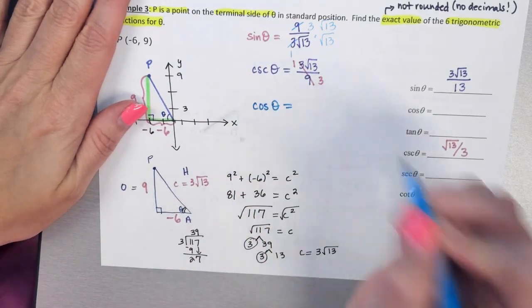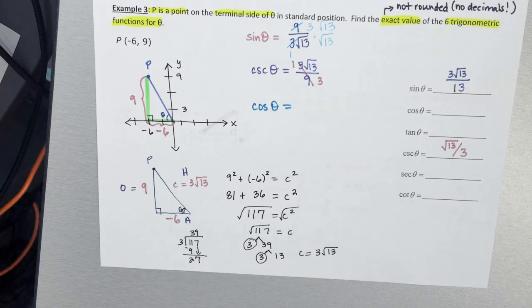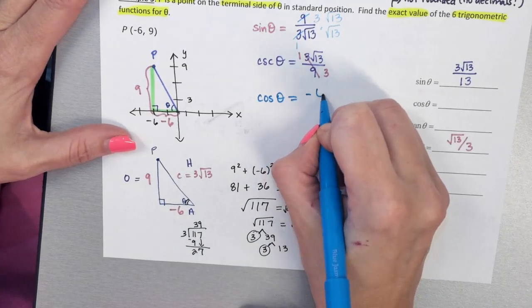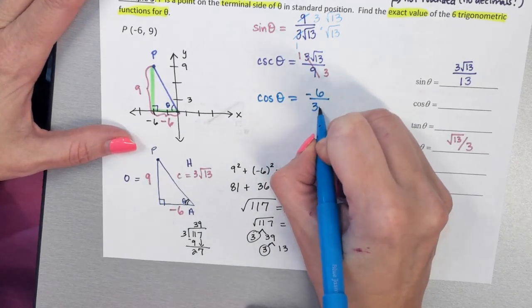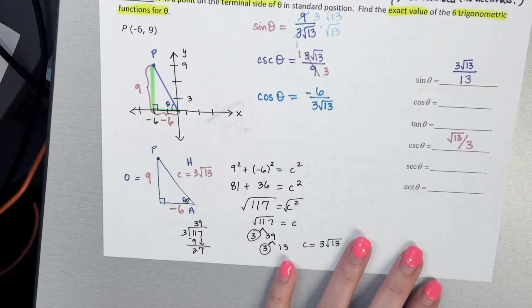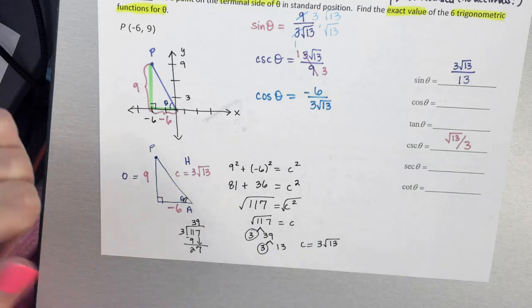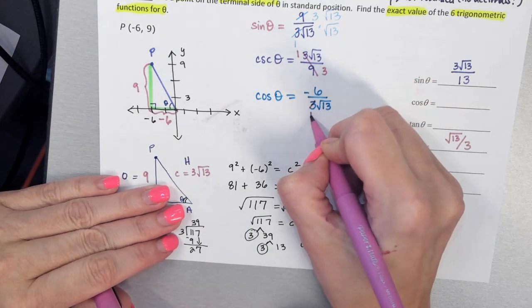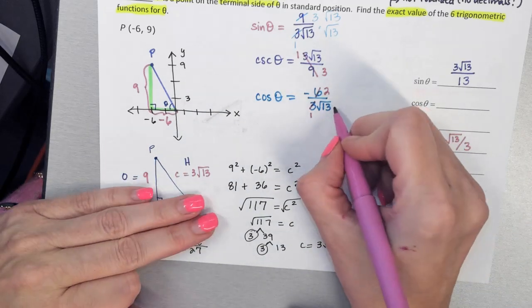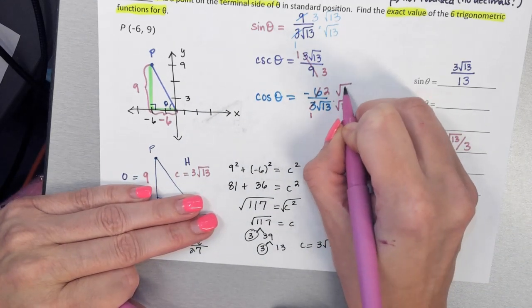Cosine next. Okay, so cosine, you have your adjacent over the hypotenuse. Okay, so 3 goes into itself once, goes into 6 twice, and then we have to rationalize.